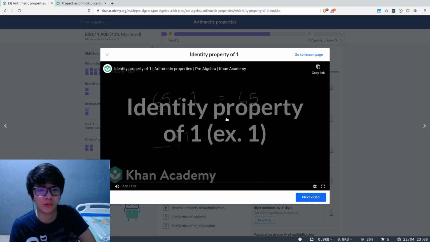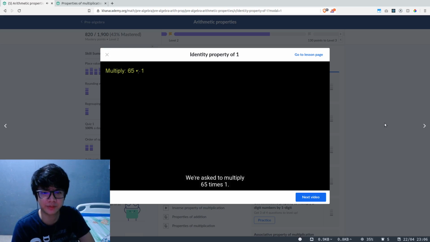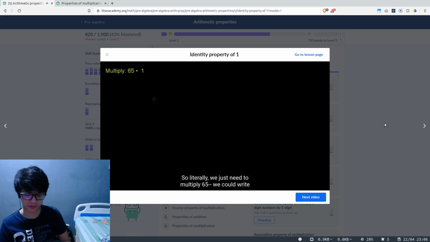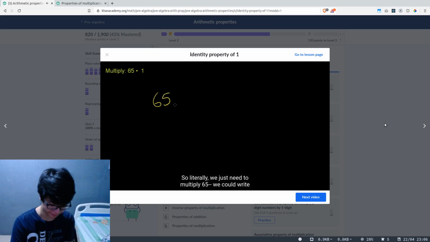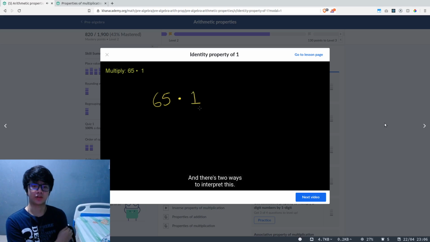Identity property of 1. We're asked to multiply 65 times 1. So literally, we just need to multiply 65, and we could write it as a times sign like that, or we could write it as a dot like that. But this means 65 times 1. And there's two ways to interpret this.